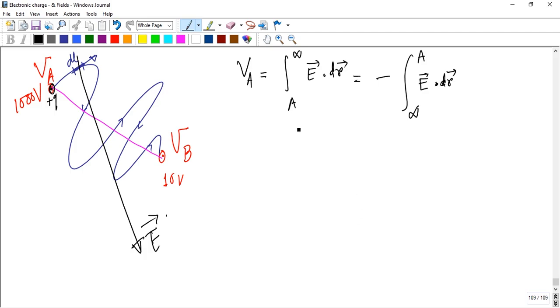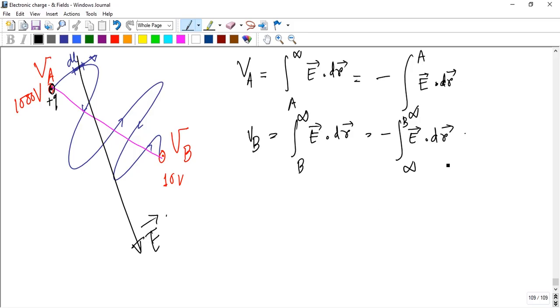And the potential at point B is likewise the integral from B to infinity of E dot dr, minus the integral from infinity to B of E dot dr, where changing the sign shifts the limits.